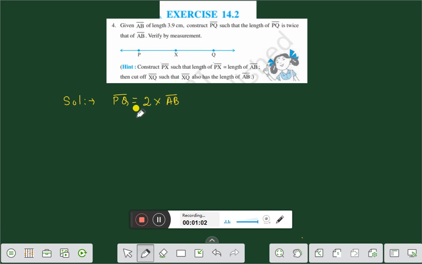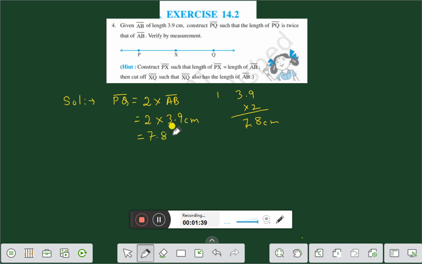We can write 2 into AB, and the length of AB is 3.9 centimeter. If we multiply 3.9 into 2, we get 2 times 9 is 18, carry 1, 2 times 3 is 6 plus 1, 7, that is 7.8 centimeter.